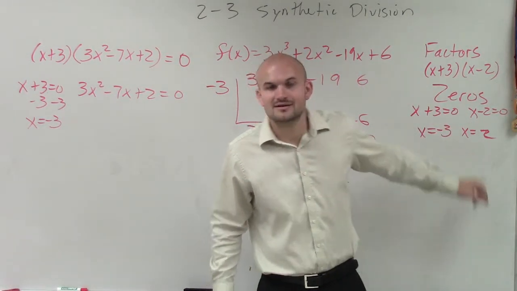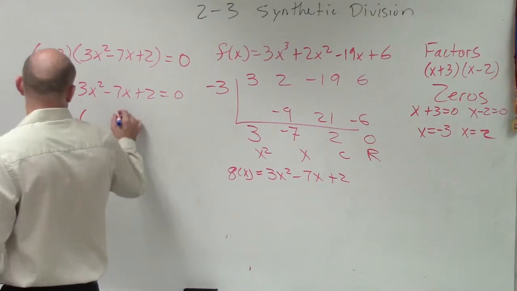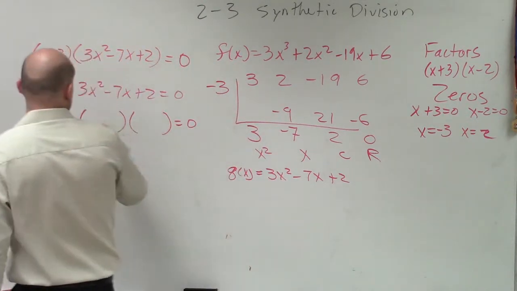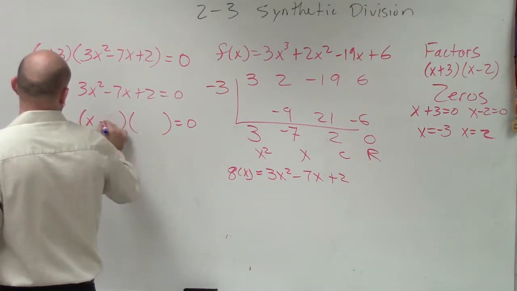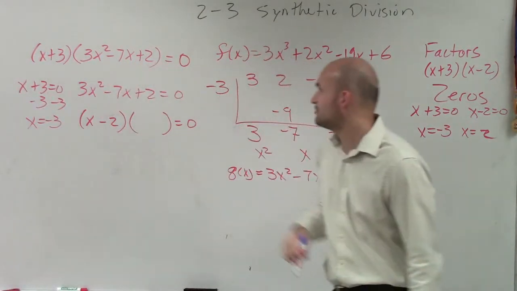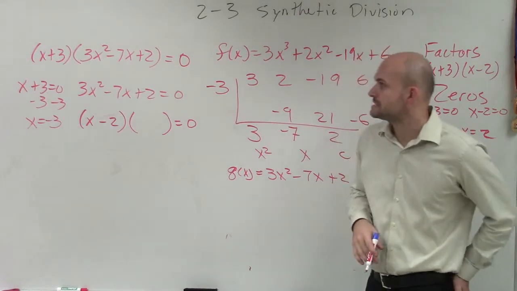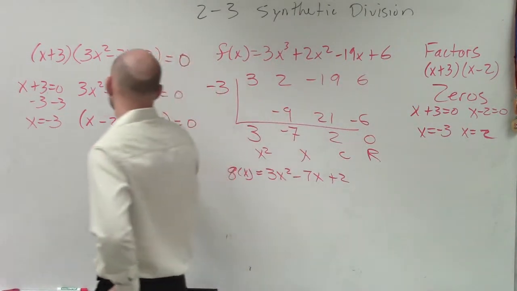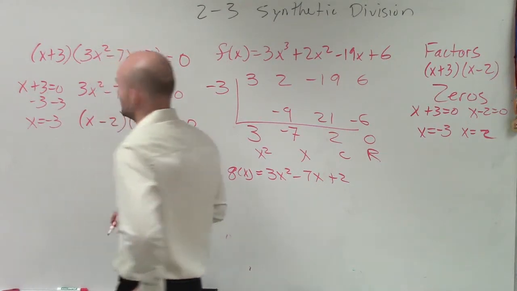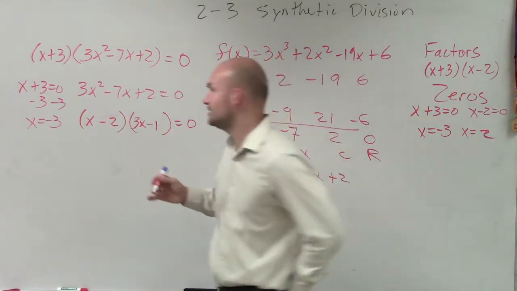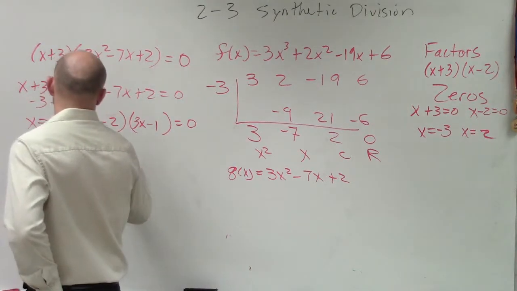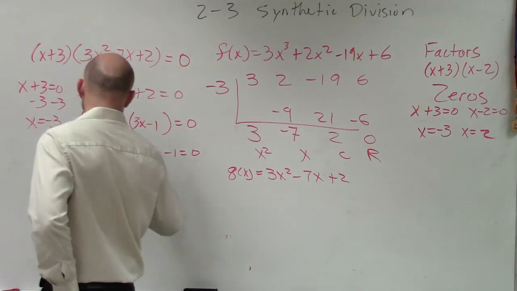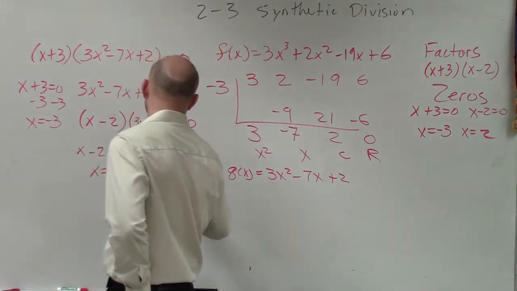So when I do my factoring, if I already know that x minus 2 is a factor, what has to be in here for me to get my final answer? 3 times, 3x minus 1. And now I can apply the zero product property to these. So therefore, x equals 2 and x equals 1/3.